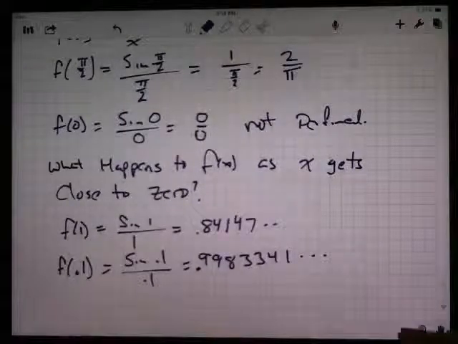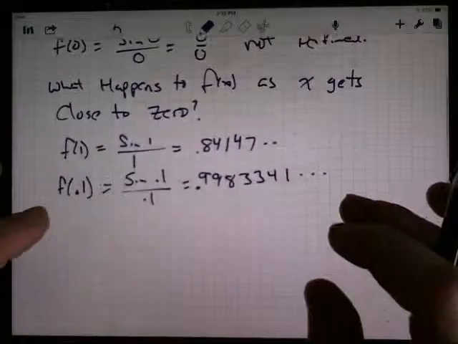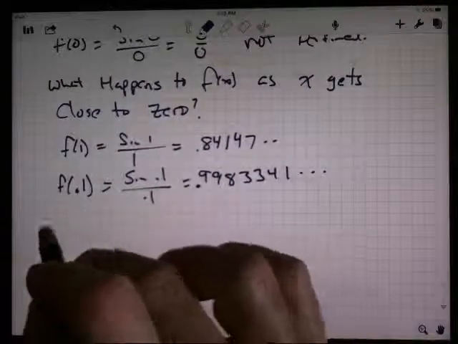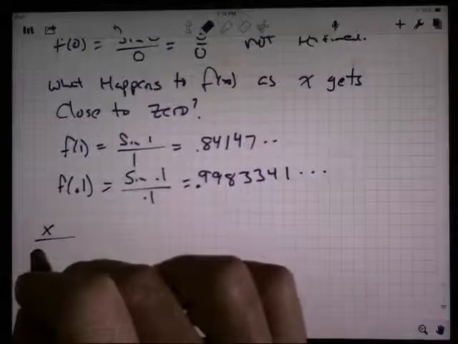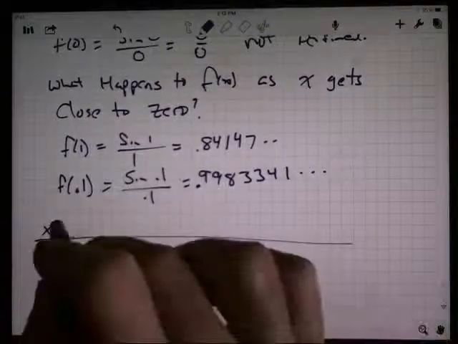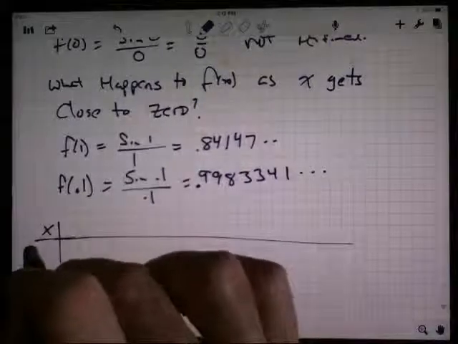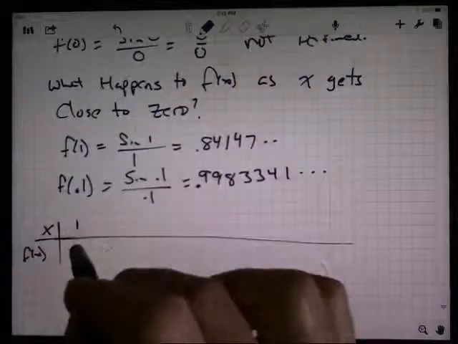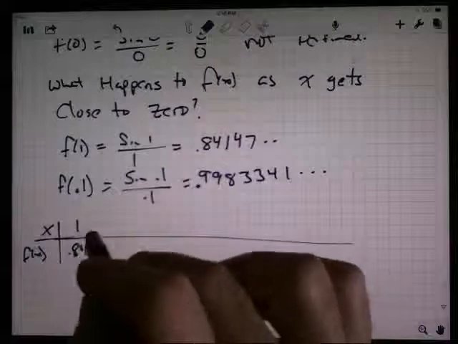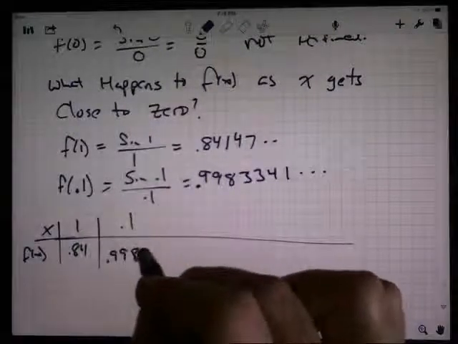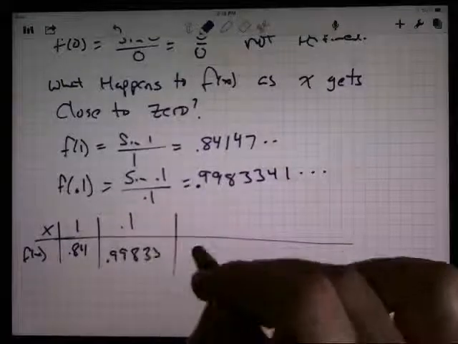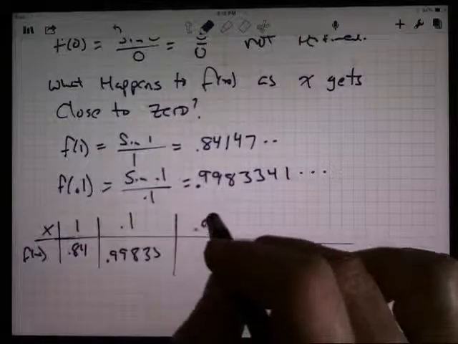And then some of you say, well, 0.1 isn't really close to 0, so let's try something closer. I'm going to make a table here. I'm going to plug in x values on top, and I'm going to get f of x values down below. So I plugged in a 1, I got 0.84. I plug in a 0.1, I get 0.99833, whatever. Plug in something a little closer to 0.